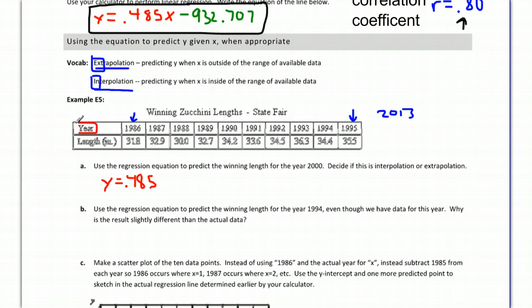We had x as the number of years when we made our equation. We're going to use the year 2000 as our x. So that's going to become x. So times 2000, and then minus our 932.707.